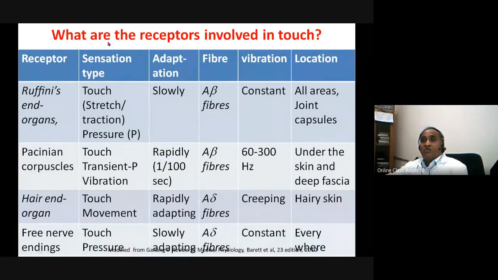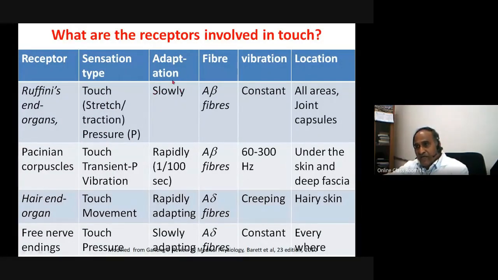Now, moving on to the Ruffini end organs. These carry touch. The modality of the touch is stretch, traction, that means pulling. That type of touch it carries, and also they carry pressure.